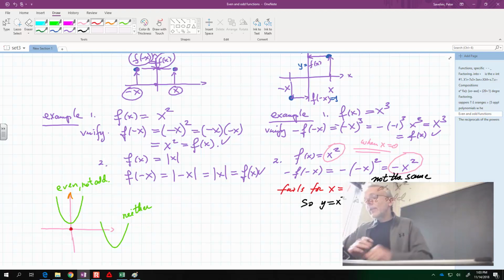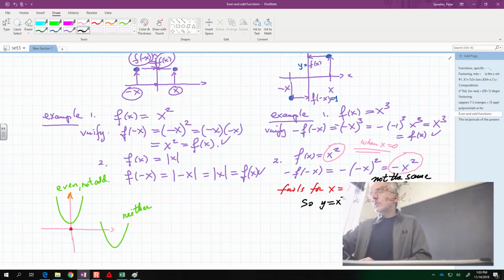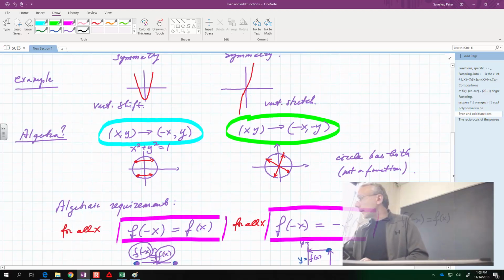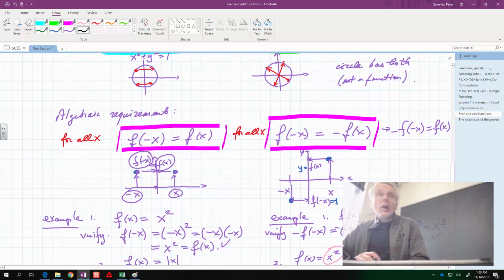So the algebra that you see here is the key. What you need to learn is how to determine whether the function is or is not even or odd. Okay, so you plug in the values. The formulas are here. These are the two formulas in these two boxes that you have to verify by substitution.